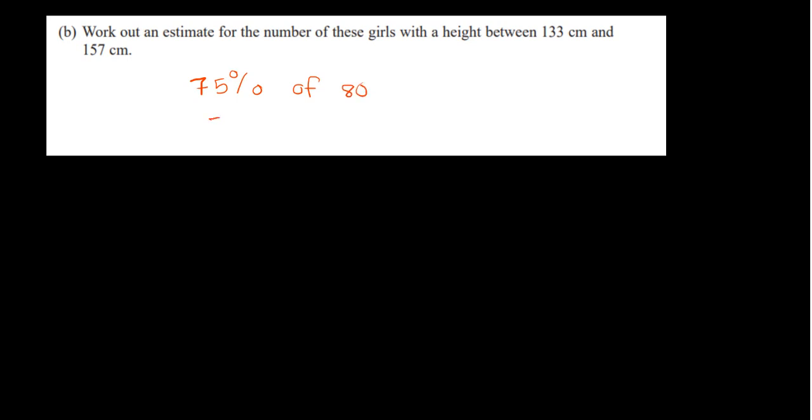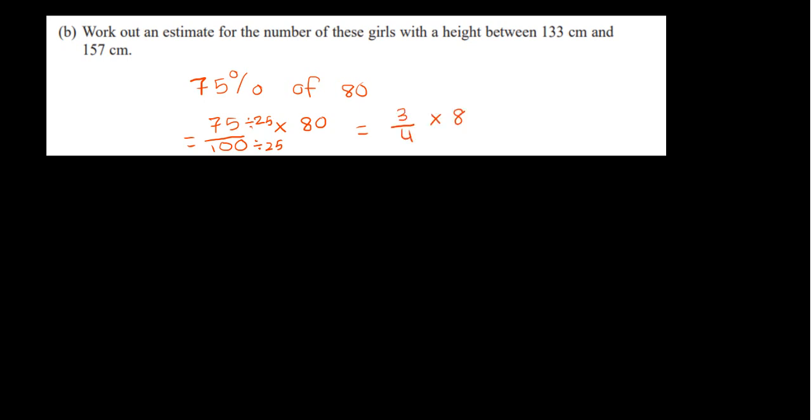That's 75 over 100 times 80. Now I can divide these two by 25. Divided by 25, divided by 25. That's the same as 3 over 4 times 80.